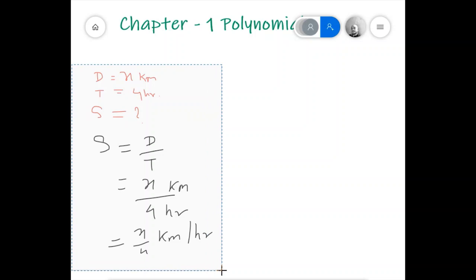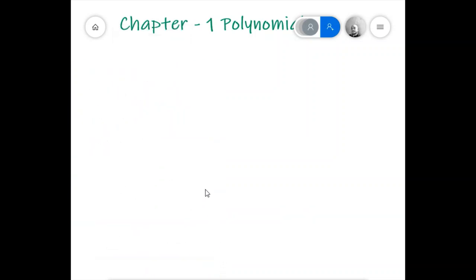Suppose you are given a rectangle in which the area is given as 40x square meter square, and the length given to you is 10x.